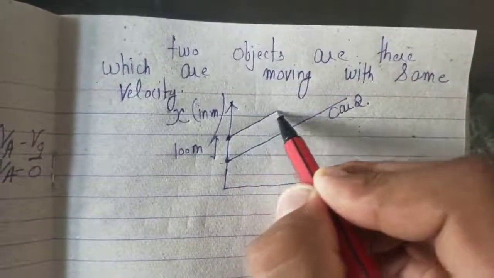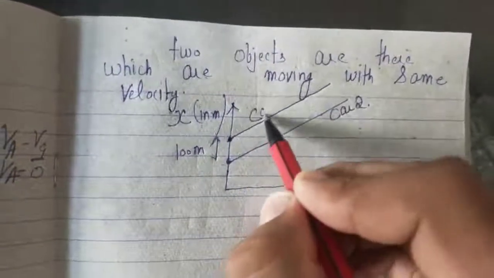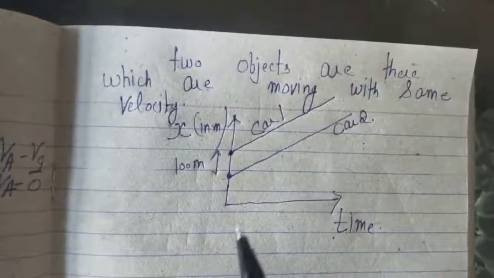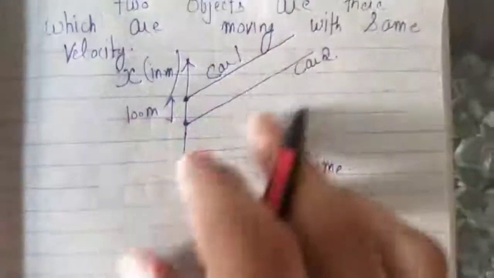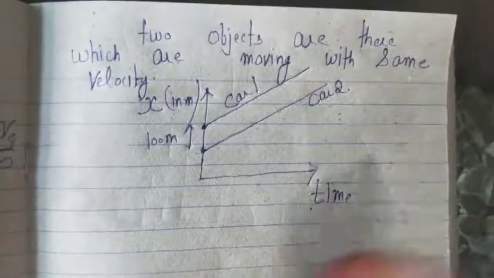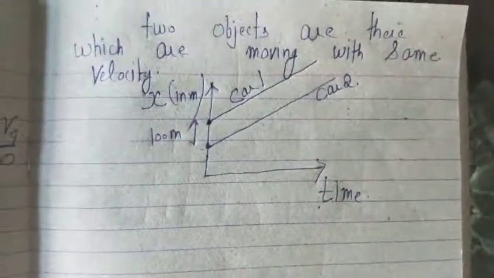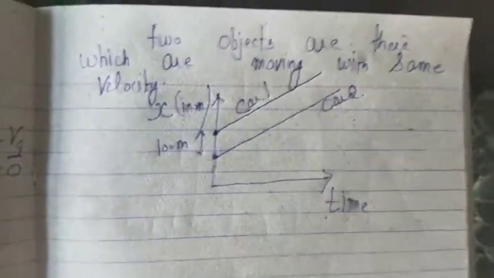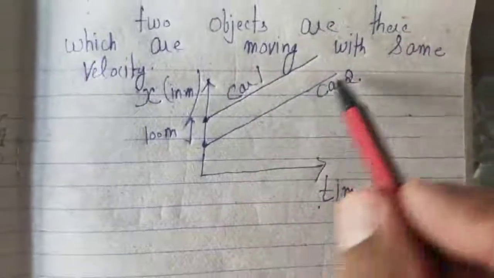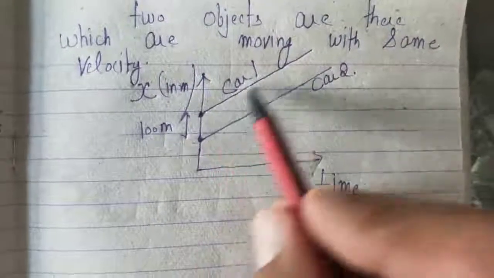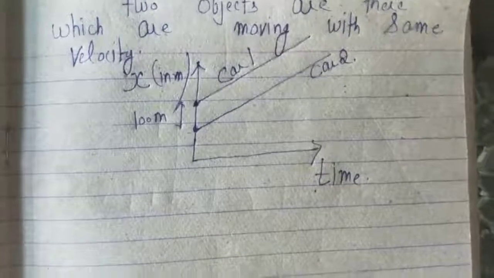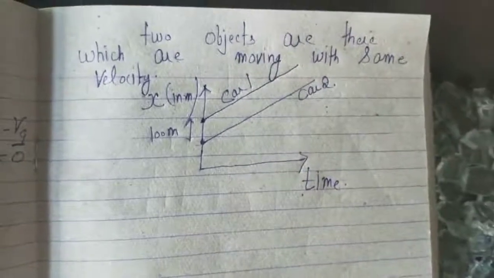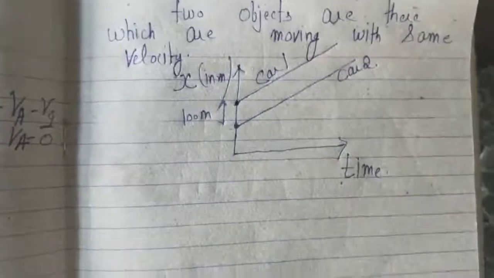So the distance-time graphs of both the cars will be parallel lines. They will never meet each other if they are moving with the same velocity. As the time increases, the distance is increasing, but the gap between both the cars remains the same. So this is the first case, when cars are moving with the same velocity.